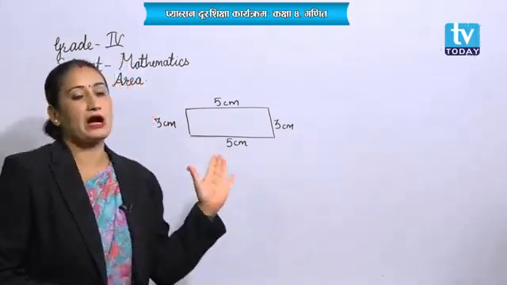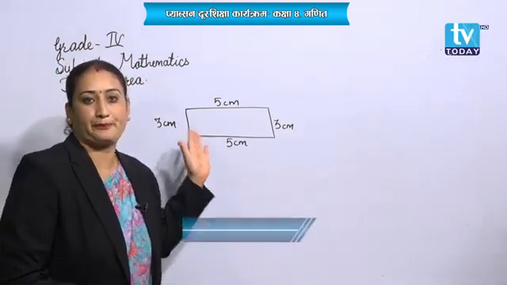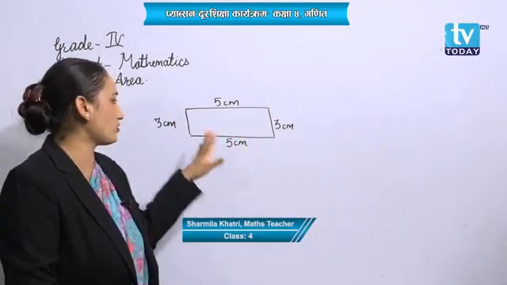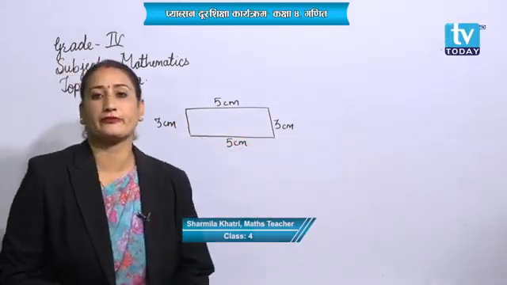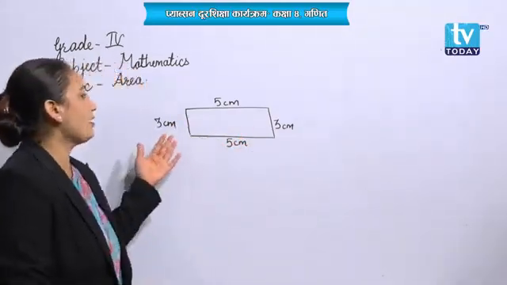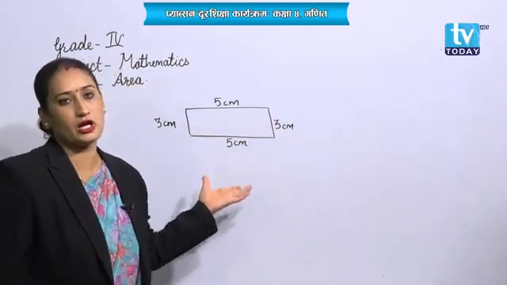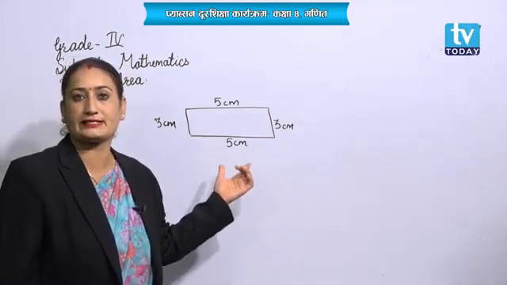The rectangle is also bounded by 4 straight-line sides, a closed plane surface.